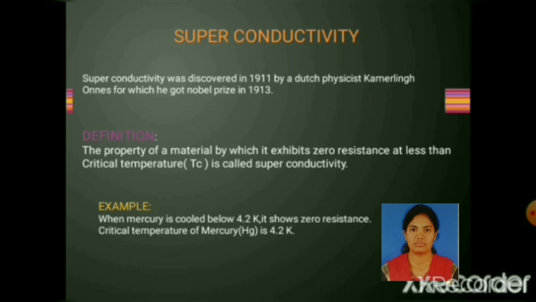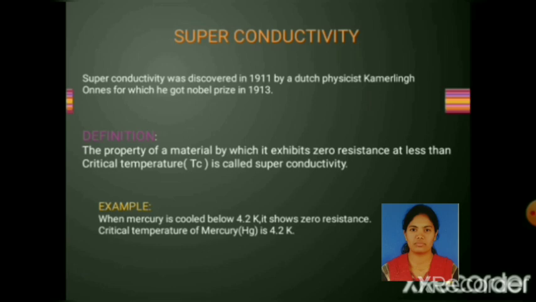The property of a material by which it exhibits zero resistance at less than critical temperature is called superconductivity. Now, conductivity is about a conductor. It allows flow of current.